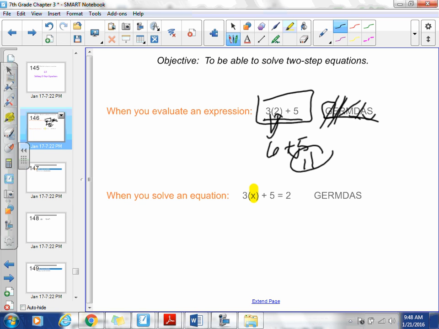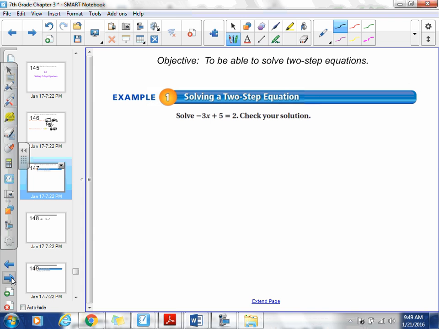Since we're reversing what's already been done, we use the order of operations in reverse. First, we get rid of things that were added and subtracted from the variable. Then we get rid of things that were multiplied and divided from the variable. Lastly, we get rid of things that are in groups with the variable. So let's put that into play.